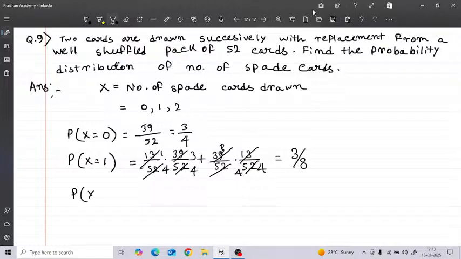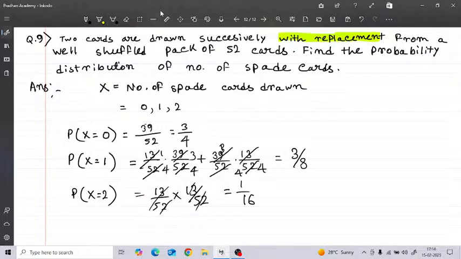Now the probability of X equals 2 is quite easy: 13 by 52, again 13 by 52, as it is with replacement. We have to be careful about the words with replacement or without replacement. So this equals 1 by 4 times 1 by 4, that is 1 by 16.